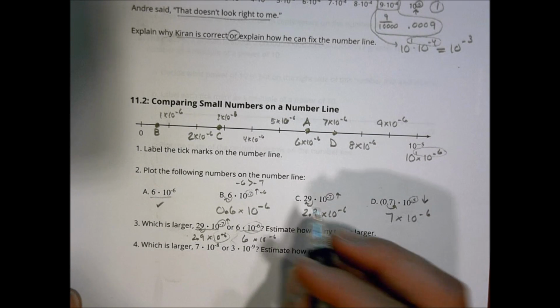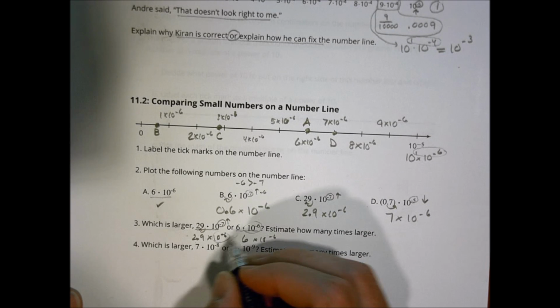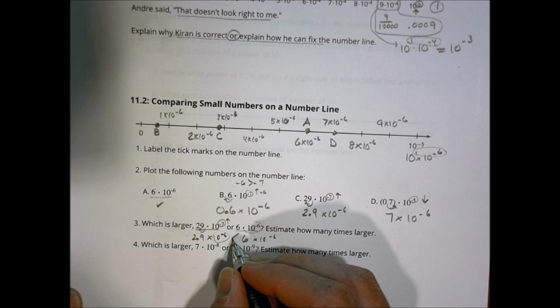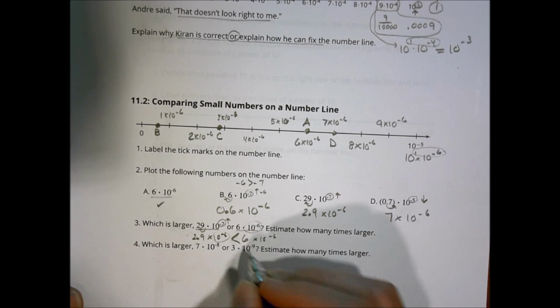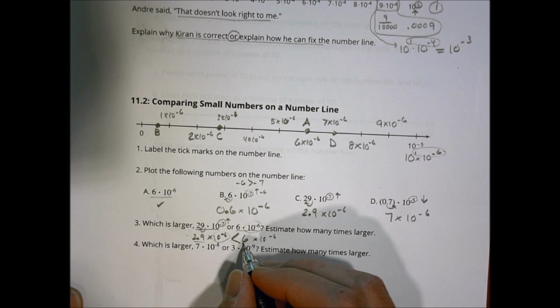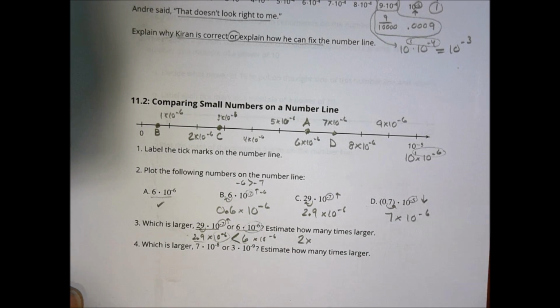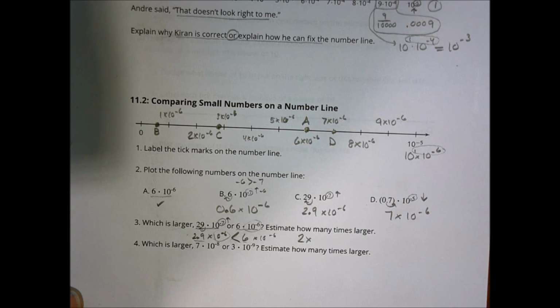So just be careful as you think about this here. So in our case, you're moving the zeros around. We're still going to say this is bigger because it's 6, which is greater than 2.9. So we're still going to be okay there, and that's going to be about 2 times larger. So sorry, I started to confuse myself there. I thought I was catching myself in the air, but I was okay.